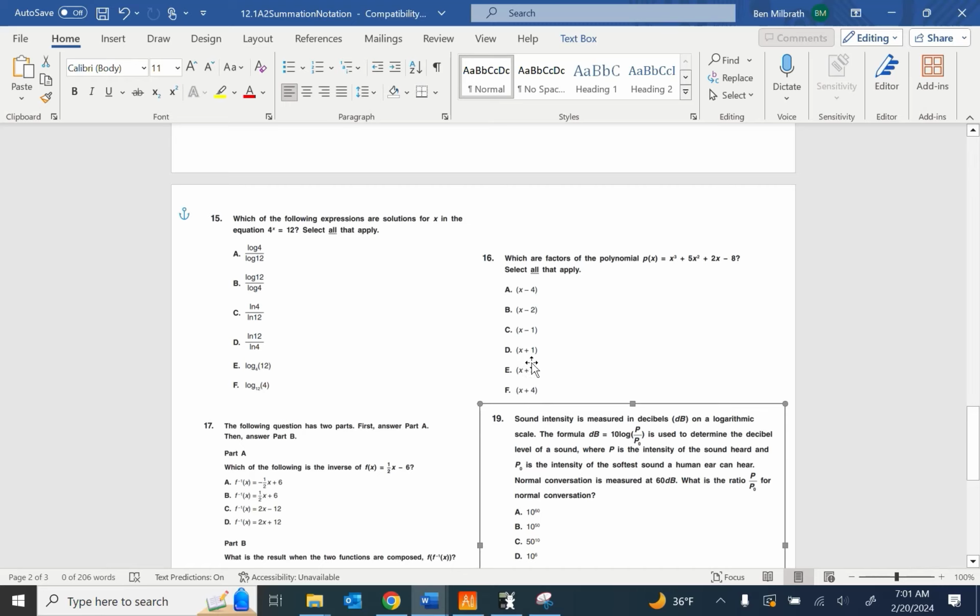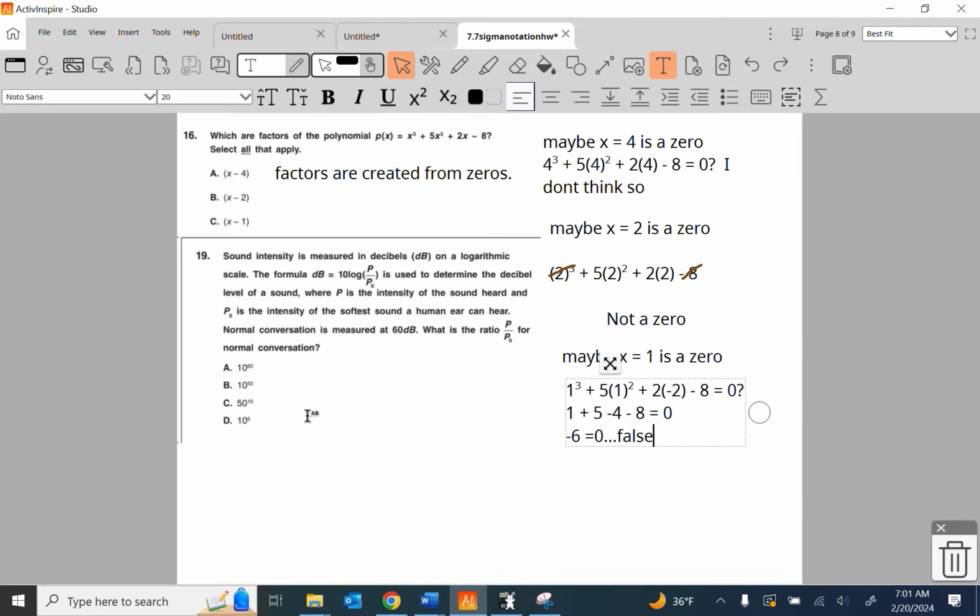We can try negative 1, negative 2, negative 4. I've already done negative 1. I can try negative 2. Kind of boring, isn't it? It's not necessarily hard.